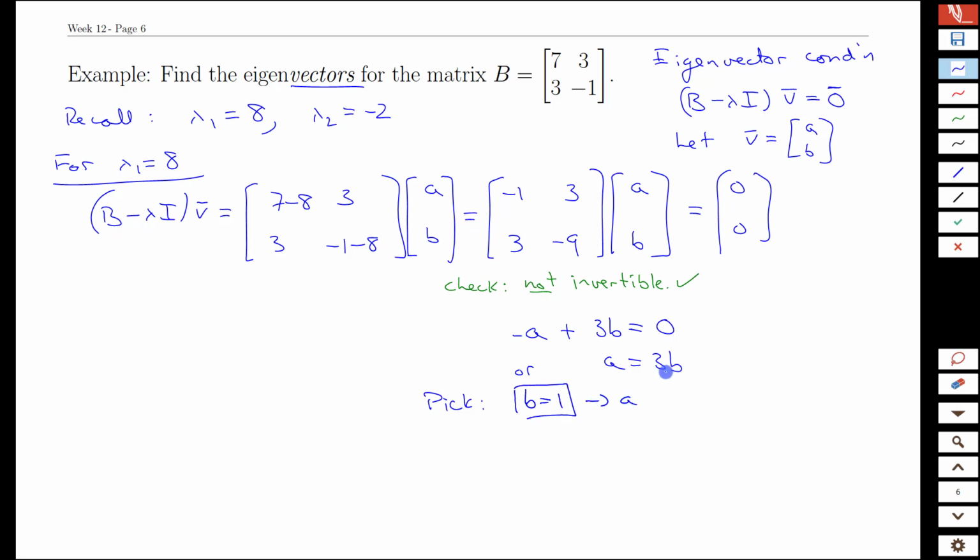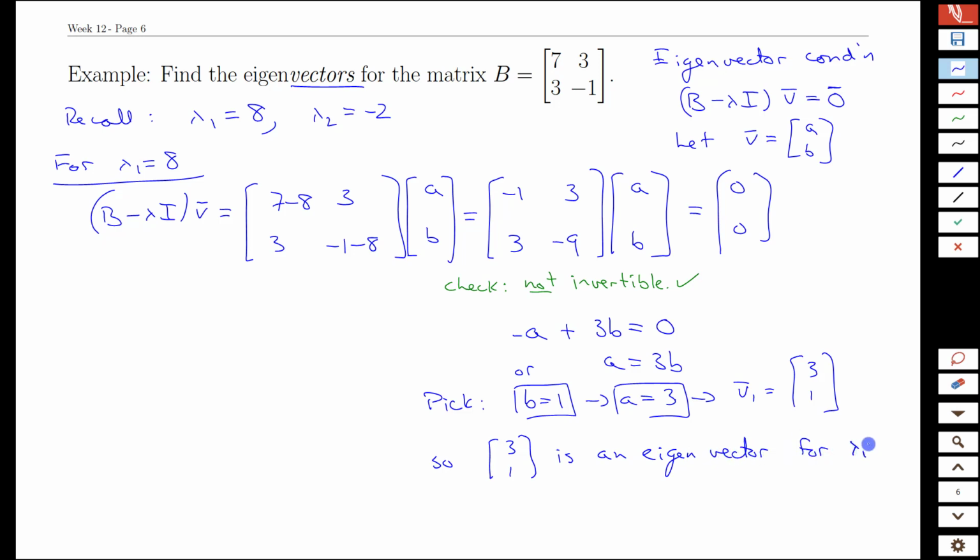That will mean that a has to equal 3. And then that means our v1, the vector that goes with lambda 1, would be 3, 1. So 3, 1 is an eigenvector for lambda 1 equals, or corresponding to lambda 1 equals 8.